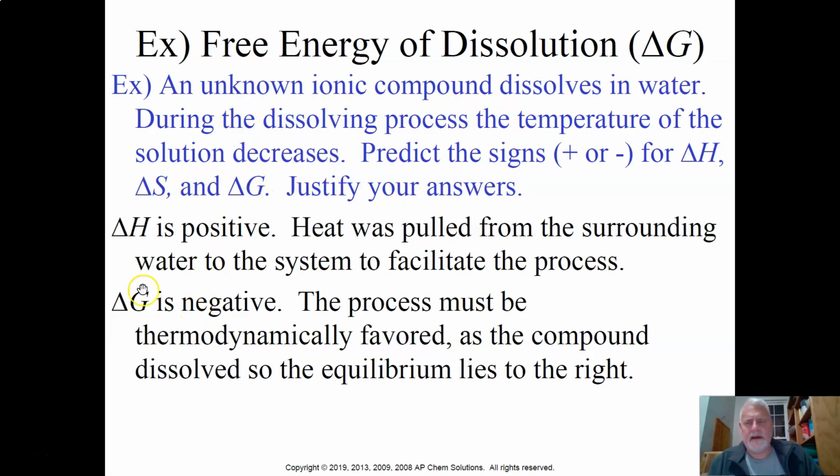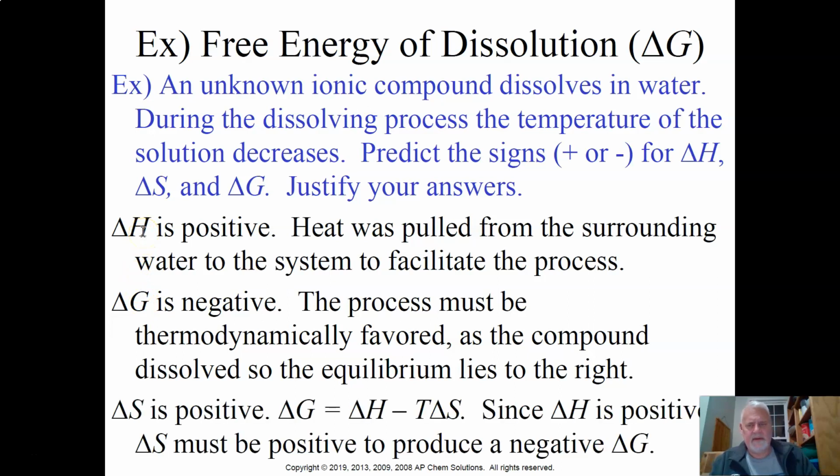And the hardest one was delta S, because it doesn't really say anything about the nature of the compounds. However, if you know delta G has to be negative and delta H is positive, you therefore know that delta S also must be positive, because this delta H is positive because it's endothermic, and we know that this overall number has to be negative. Therefore, if this was positive, then you'd be subtracting it, and that would not work out.